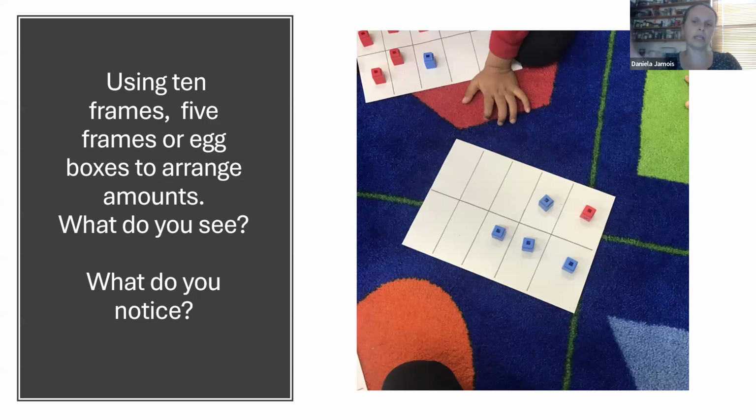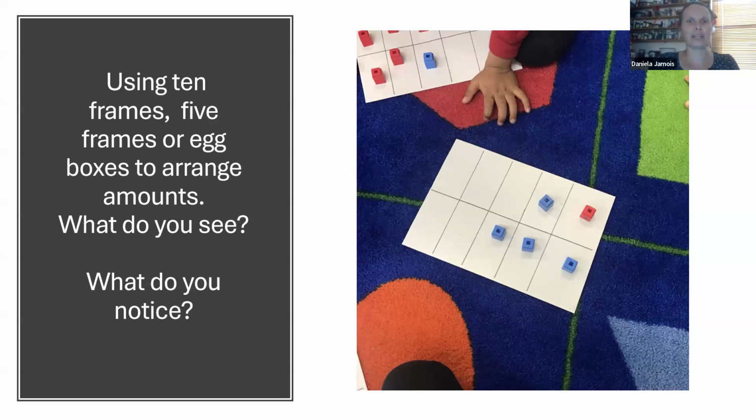Another child might say, I can see 4 blue cubes and I can see 1 red. And that's when you can say, but how many are there altogether? Does it matter that some are red and some are blue? You still have 5. So these are the types of words that you might use, taking real care that you are not saying that there is a right and a wrong about the way that they see things.